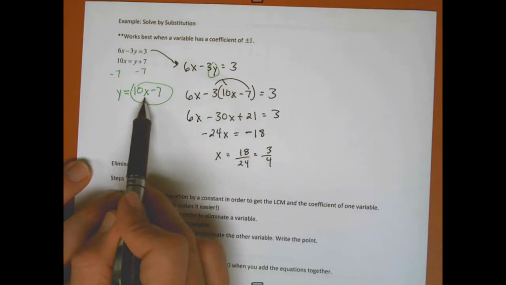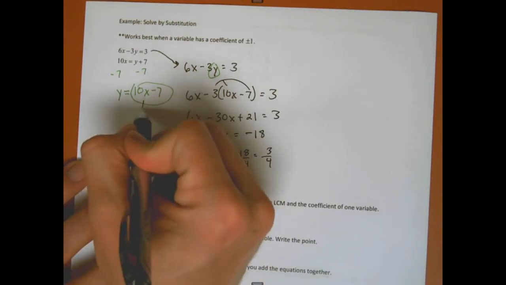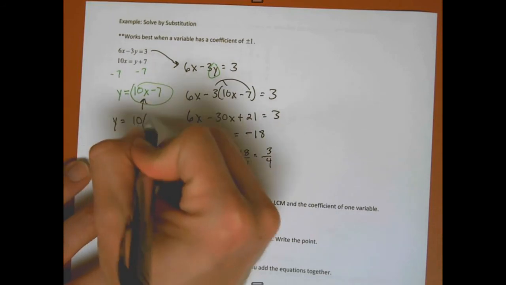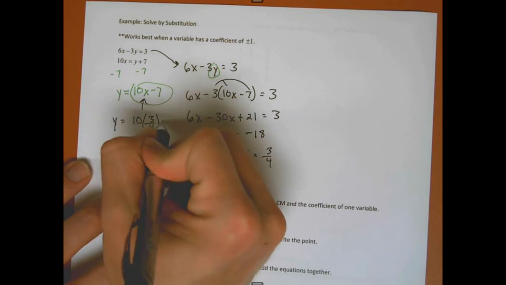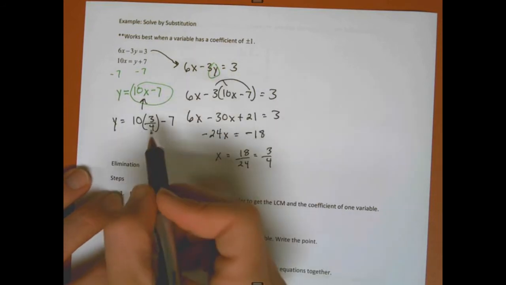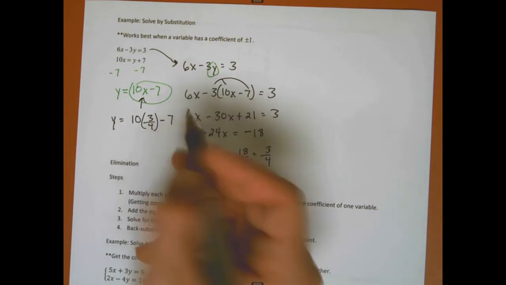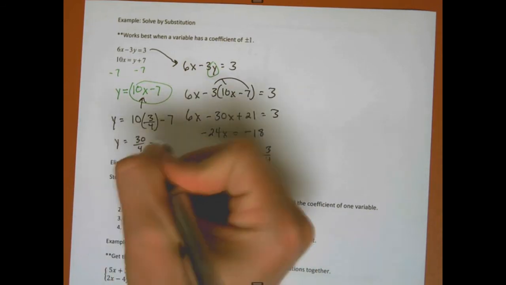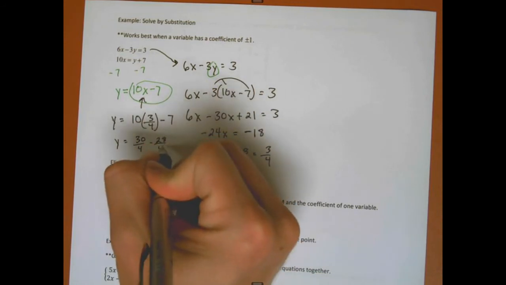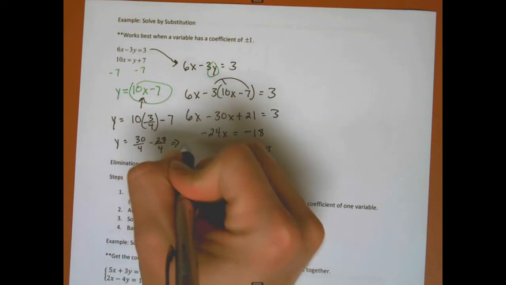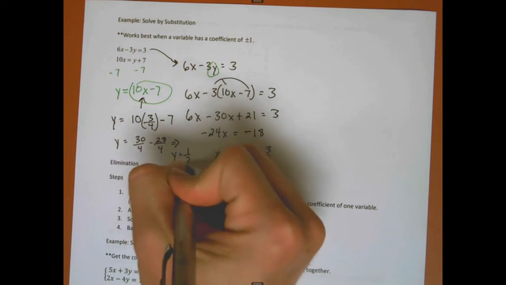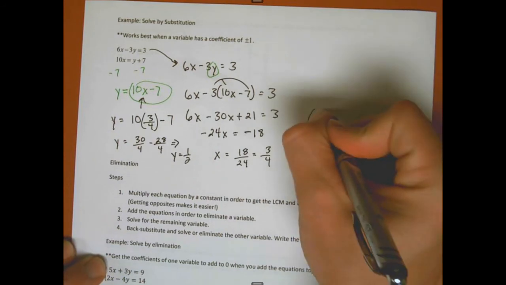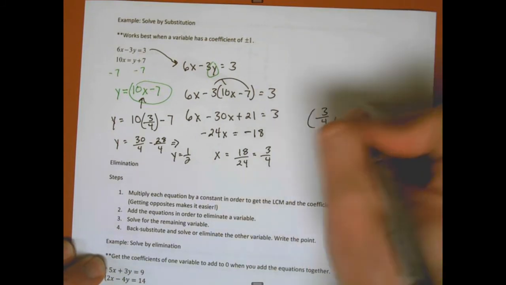You can plug in here or really anywhere, but you already have something that's by itself to find y. And then let's see, that's 30 over 4 minus 7. You can use a calculator for that, or if you multiply by 4, you can get a common denominator. And so it looks like y is equal to 1/2. Subtract them to get 2 over 4, and that reduces to 1/2.